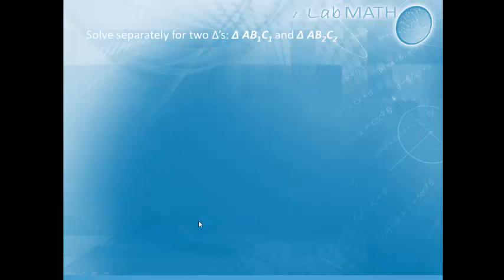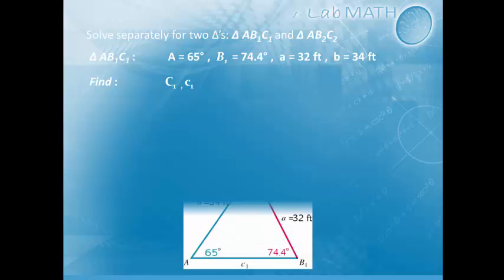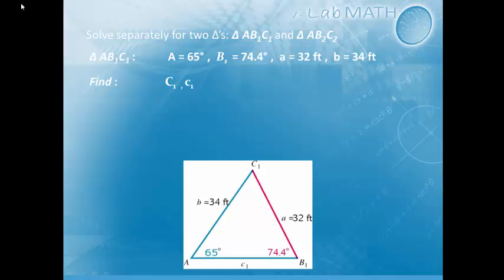Since we have two angles for angle B, we'll be forming two triangles. So first we have the triangle AB sub 1 C sub 1. In this case, we'll be finding both angle C and side C. Our first value of angle B is 74.4, that is the acute angle.